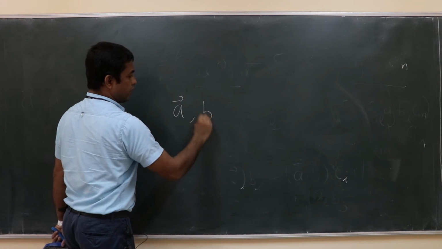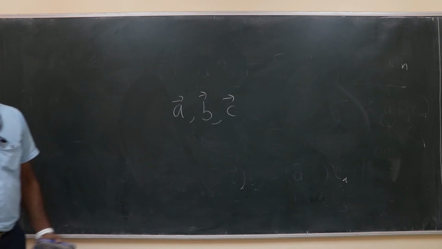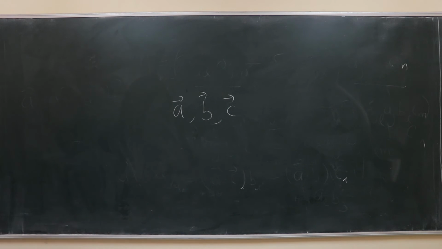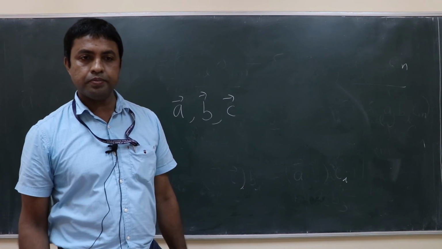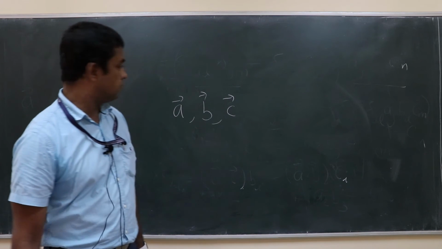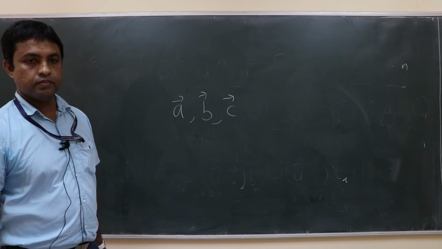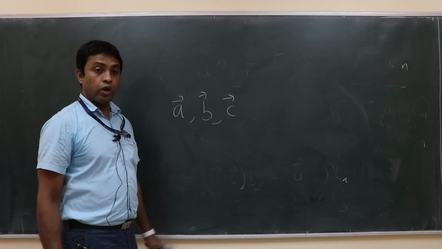Suppose there are three vectors which are non-coplanar. Okay. So does this A, B, C form a parallelepiped? Yes or no? Yeah. So they are non-coplanar.